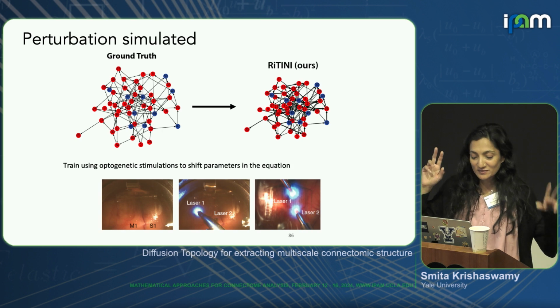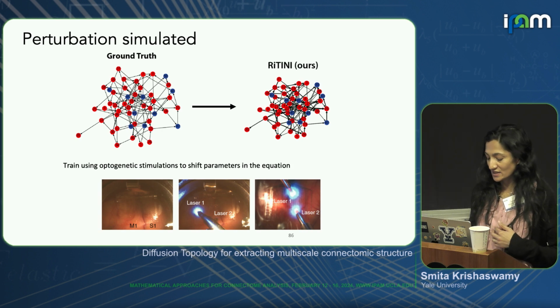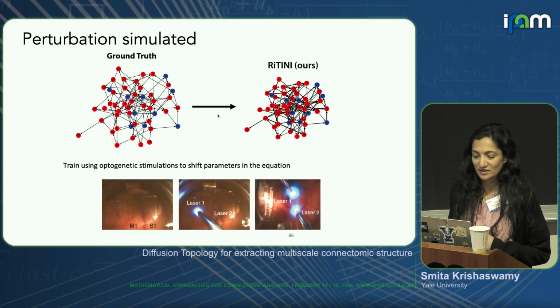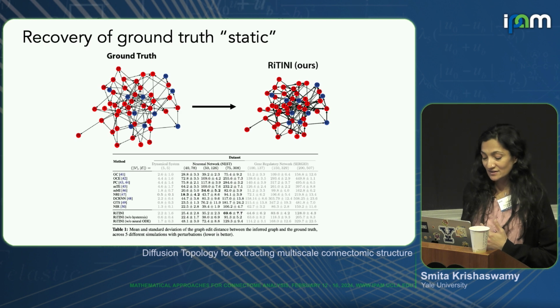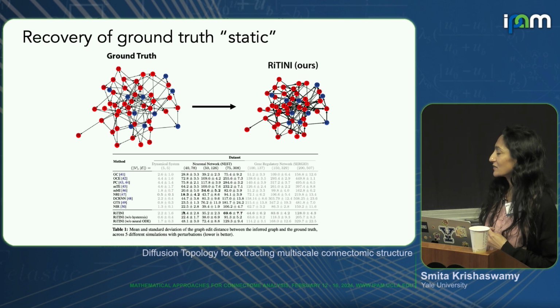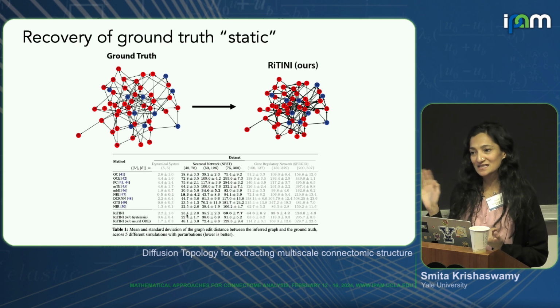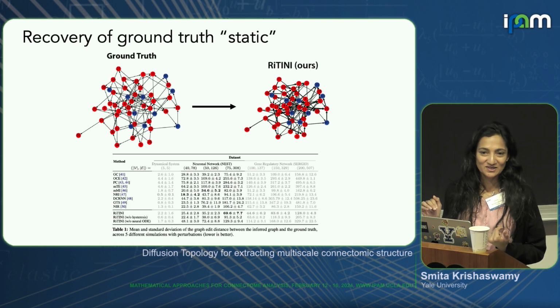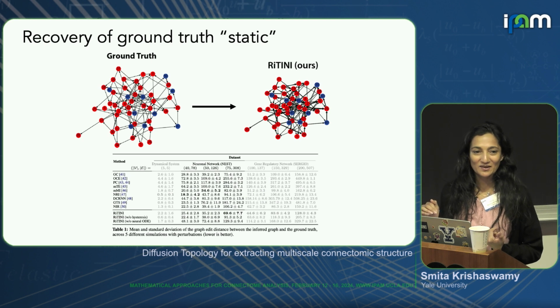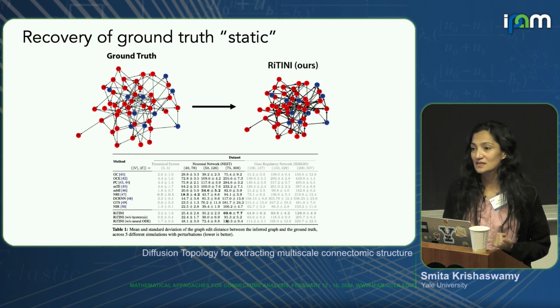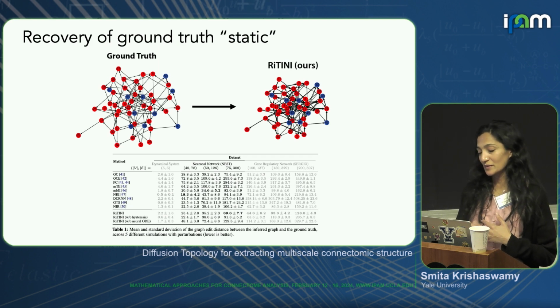And so to mimic optogenetic stimulations, we usually altered this resting membrane potential type parameter, and we did the same thing. But here you see that our method doesn't always outperform these other methods. The reason is because this is just a static graph, and it's actually fairly simple. We're hoping that when we get into more complicated neuronal systems, that the method will more consistently outperform these methods.